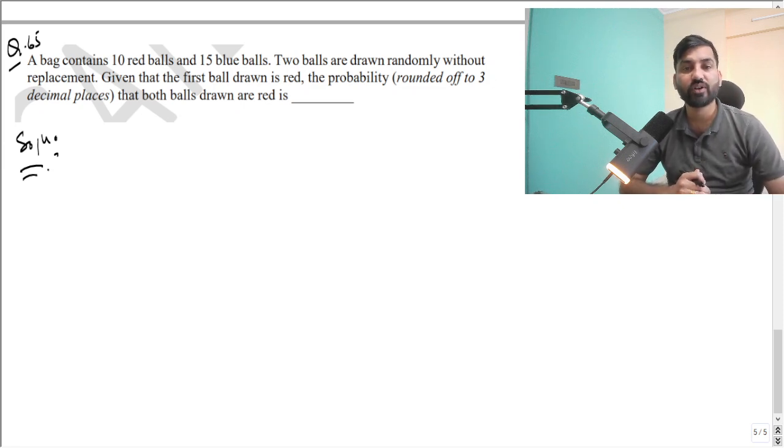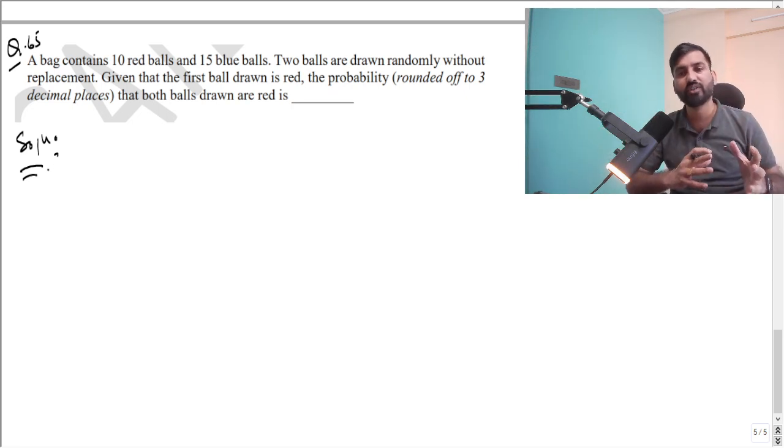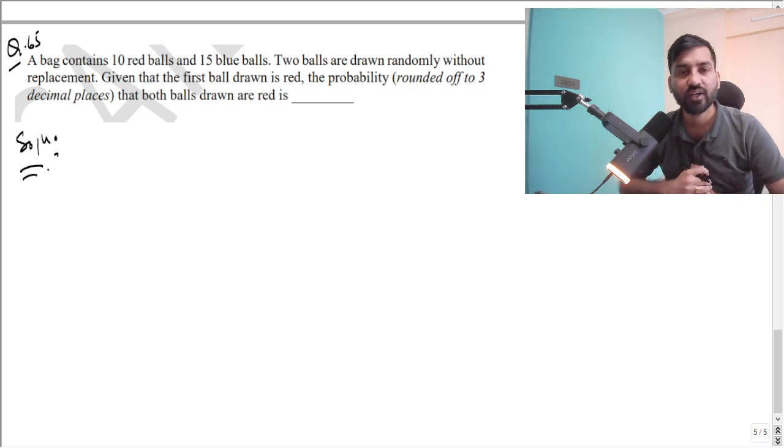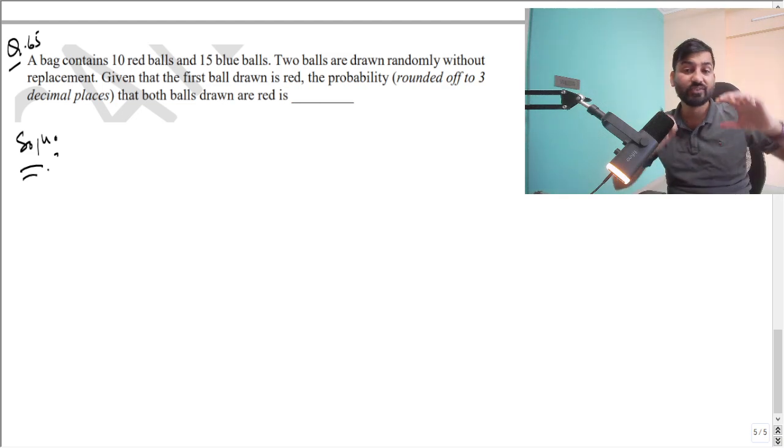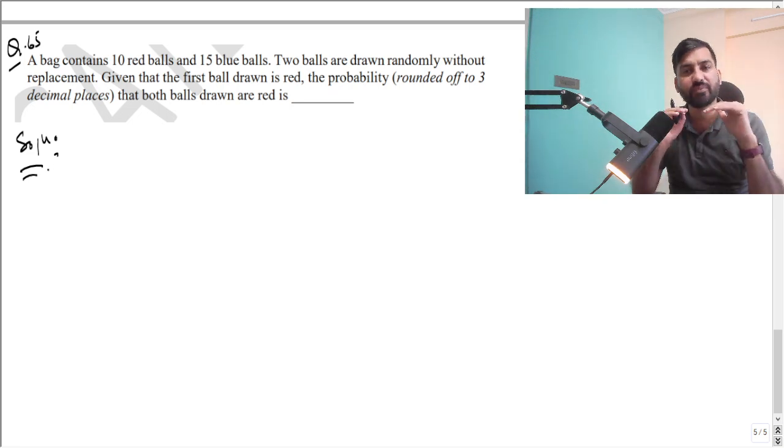Two balls are drawn randomly without replacement. So they are saying that you have to draw two balls, one ball you have drawn and then a second ball. Given that the first ball is red, this is one of the very important statements that they have given, right? Many students will ignore this.